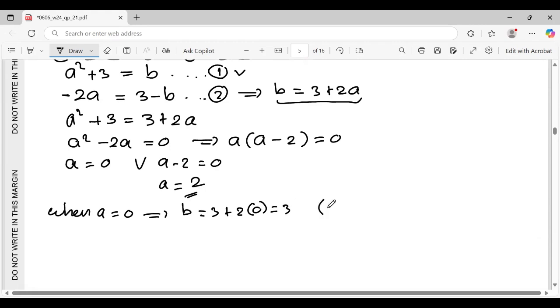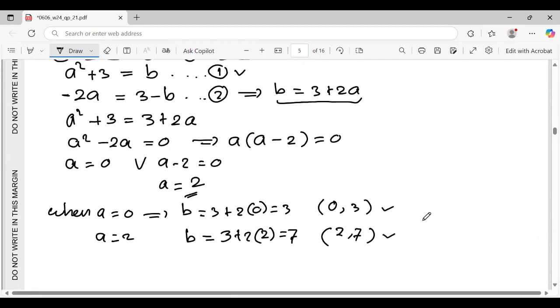So the point is (0, 3). When a equals 2, b equals 3 plus 2 times 2, which is 7. So the point is (2, 7). So the possible integer pairs are (0, 3) and (2, 7).